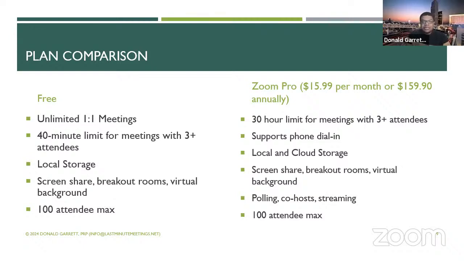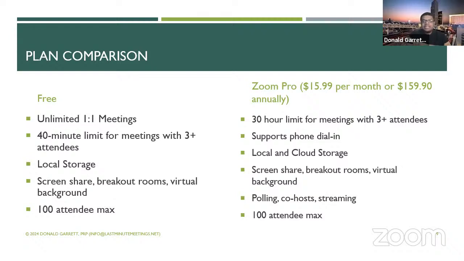But as soon as you add that third person, your meetings are limited to 40 minutes under the free version. If you record your meeting, you can only record it as a local file, but you still have the basic features like screen sharing, breakout rooms, and virtual backgrounds like I have on right now. Also, there's a 100 attendee max for the free plan.